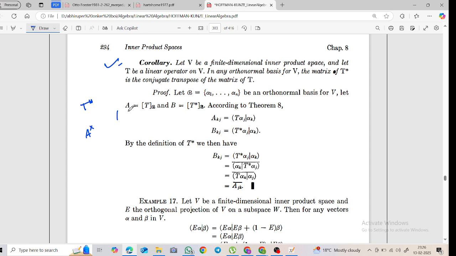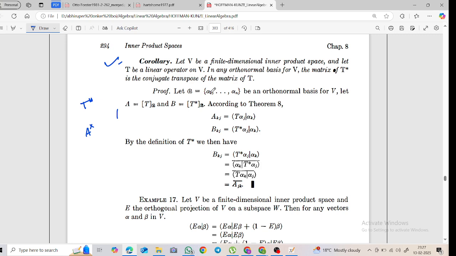Okay, so let's, yeah. So clearly you saw that the conjugate transpose of the matrix is the matrix of T star.